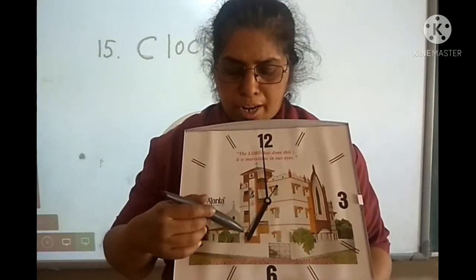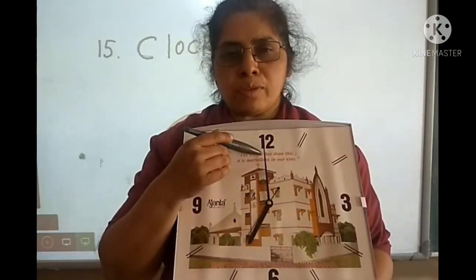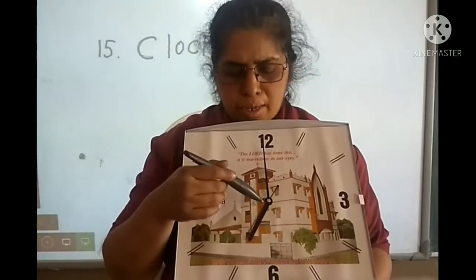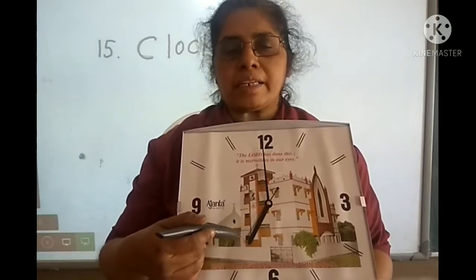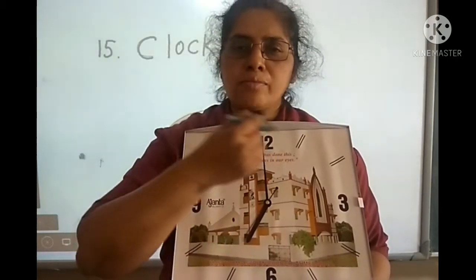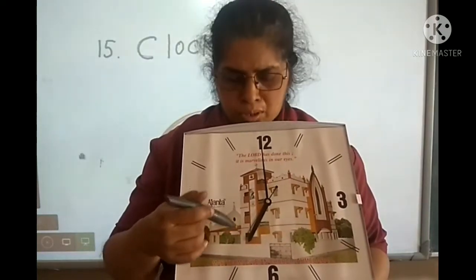The shorter hand we call the hour hand. The longer hand we call the minute hand. And one small thin hand is there, that is the second hand. The second hand is continuously running in the clock.